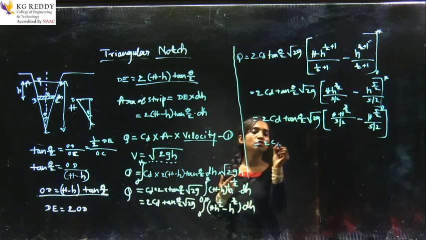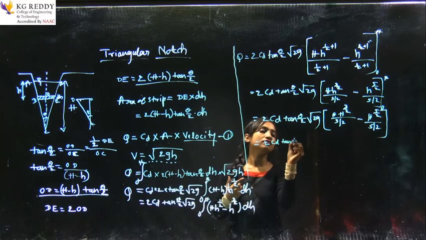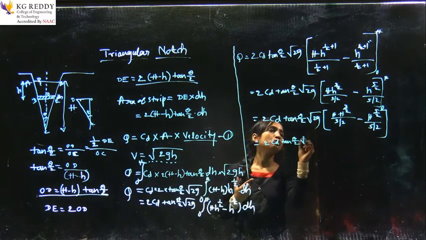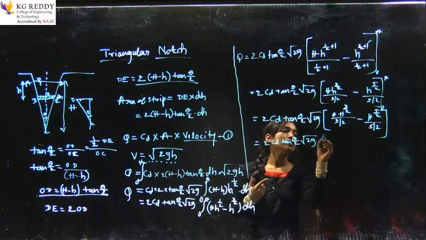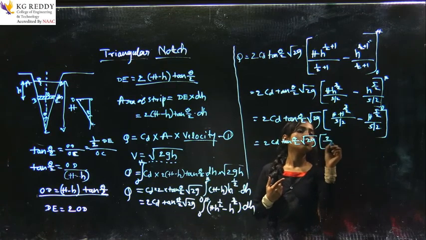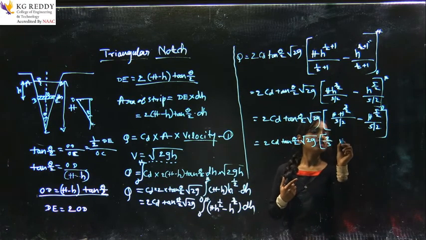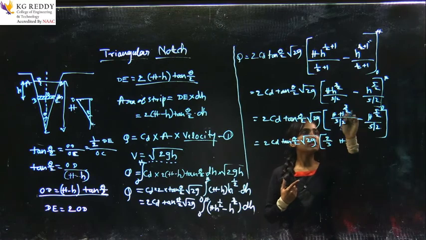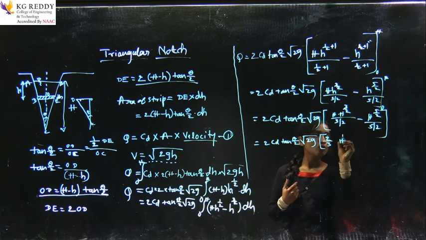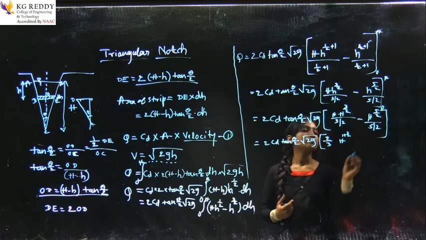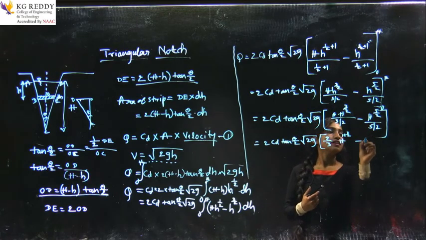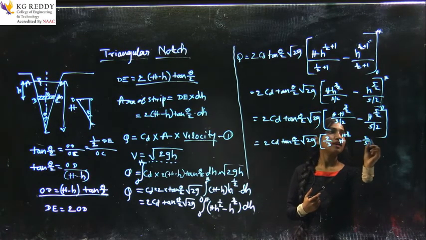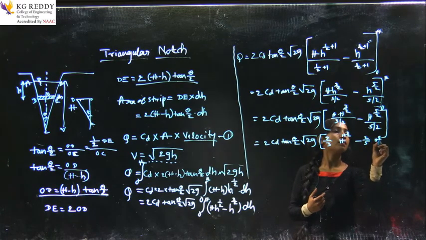So, 2CD tan theta by 2 into square root of 2g. This I will write as 2 by 3 and H raised to 1 into H raised to 3 by 2 means 1 plus 3 by 2, minus 2 by 5, H raised to 5 by 2.